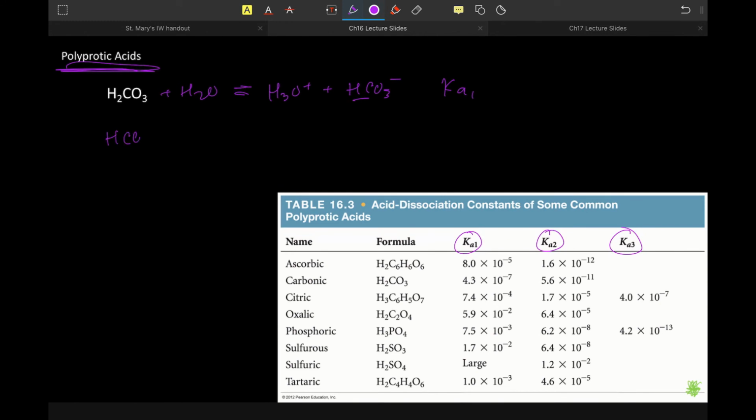Now, if I take that HCO3- and that were to further react, I would get this. And this would get labeled the Ka2 of carbonic acid. Yes? Ka1 versus Ka2 of carbonic acid.